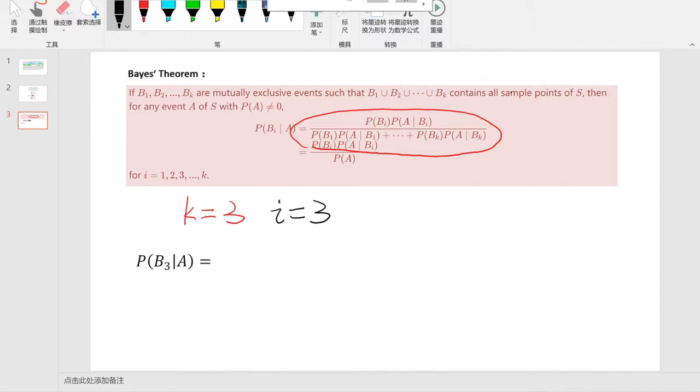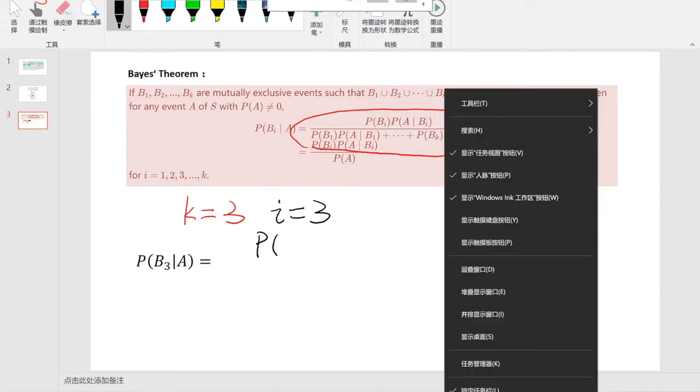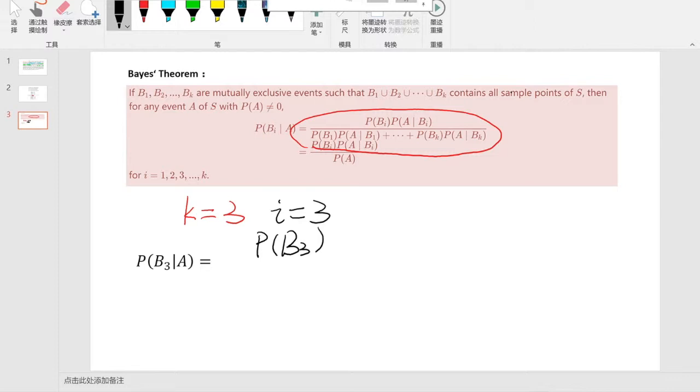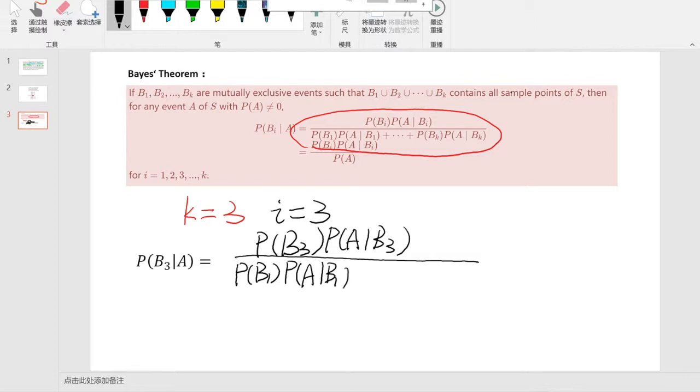Then we can use Bayes' theorem: probability for event B3 times probability for event A given event B3, divided by probability for B1 times probability for event A given event B1, plus probability for event B2 times probability for event A given event B2, and then the probability for B3 times probability for event A given event B3.